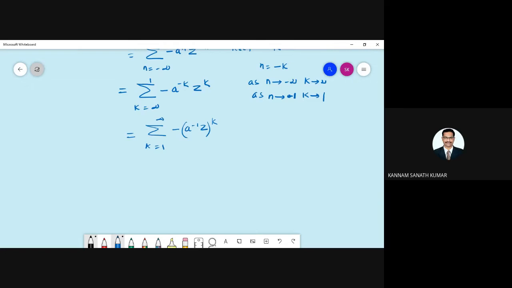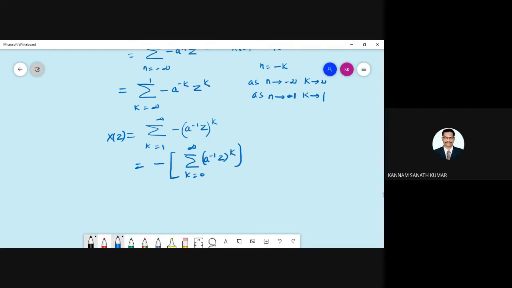Okay. Now, this is x of z. So what you should do? You take minus common: summation k equal to 0 to infinity, a power minus 1 z whole power k.